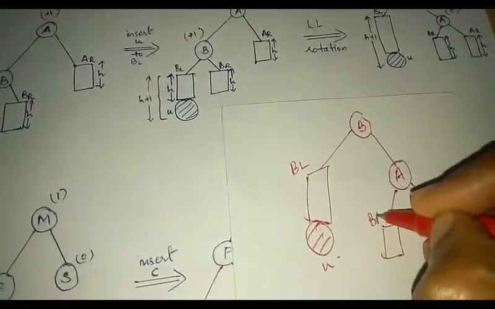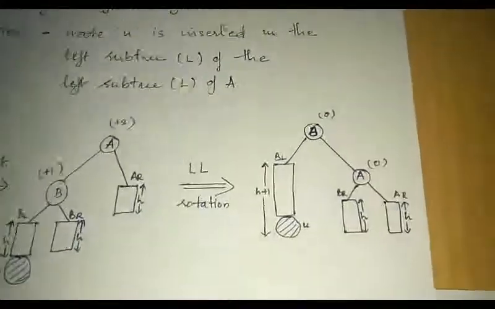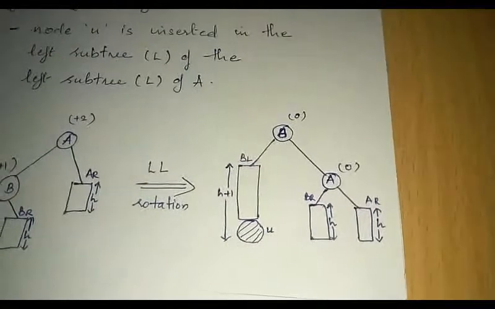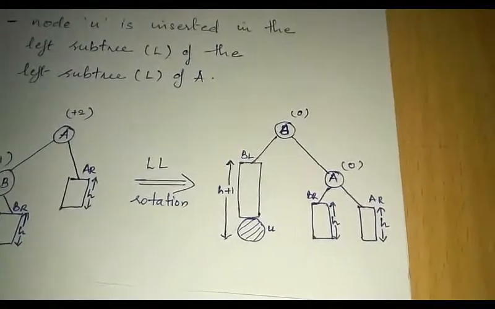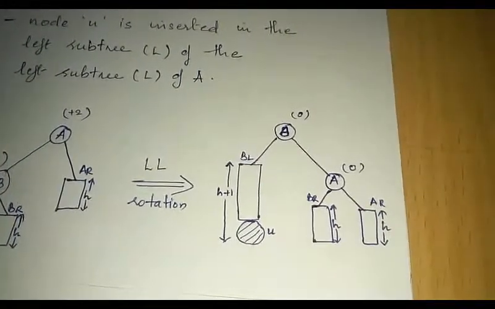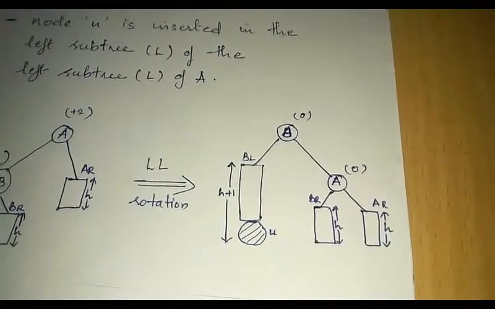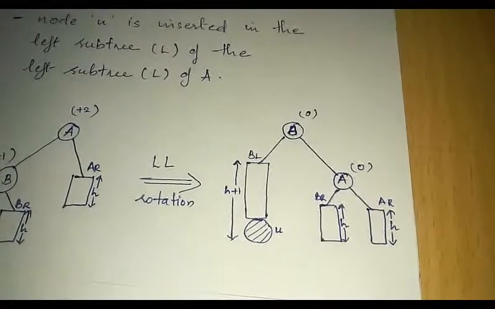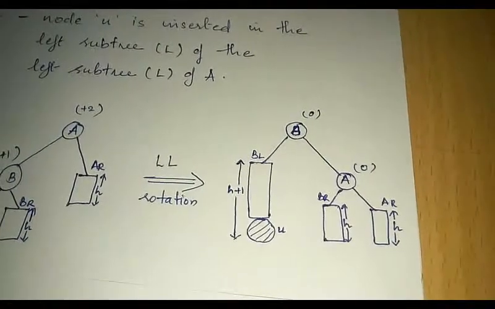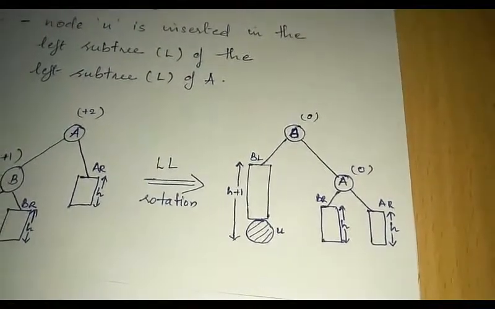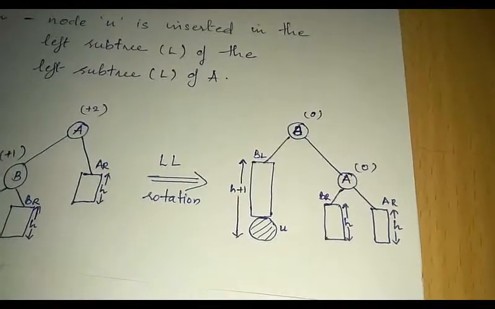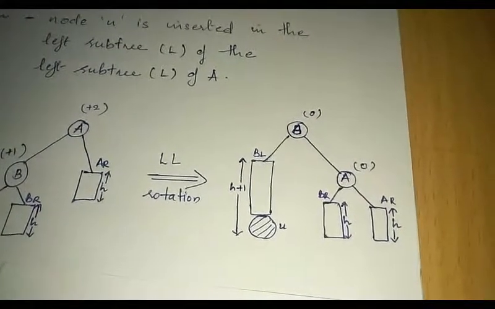This is how we get this figure. So this is LL rotation. That is, LL rotation means you are inserting a new node to the left of the left subtree of A, and at that time we have to rotate to the right. That is, just pull one node to the right and note all the changes and adjust the subtrees accordingly.